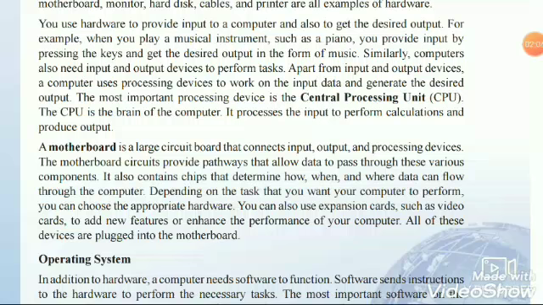Then after that, the motherboard. So what is a motherboard? A motherboard is the large circuit board that connects input, output and processing devices.